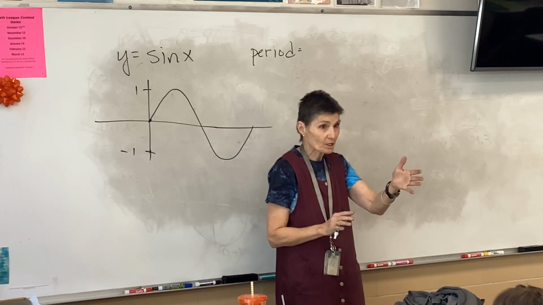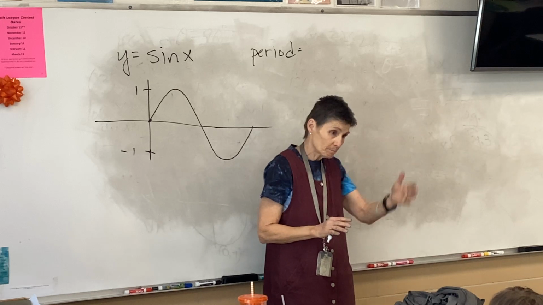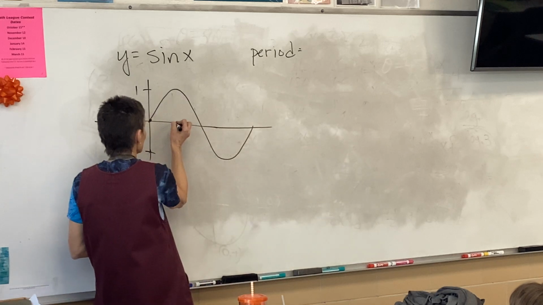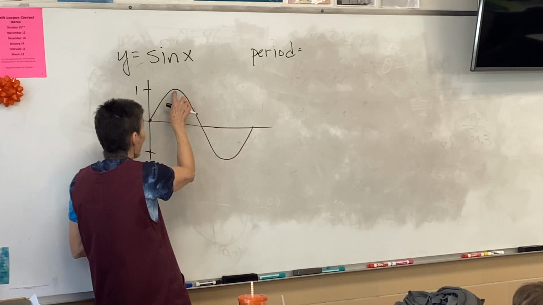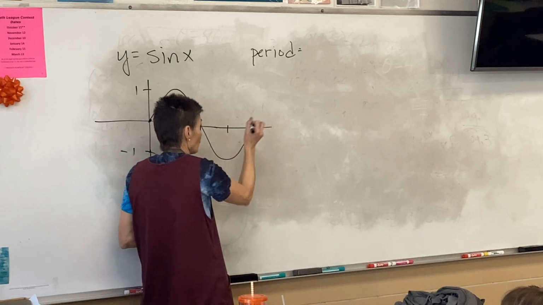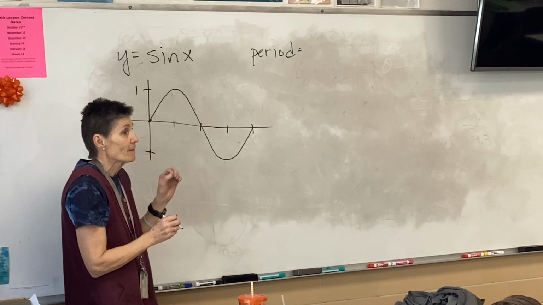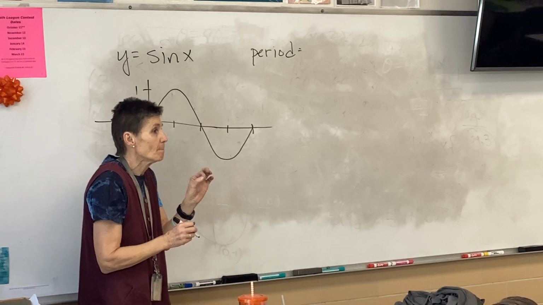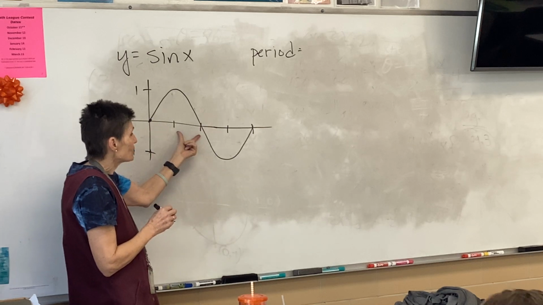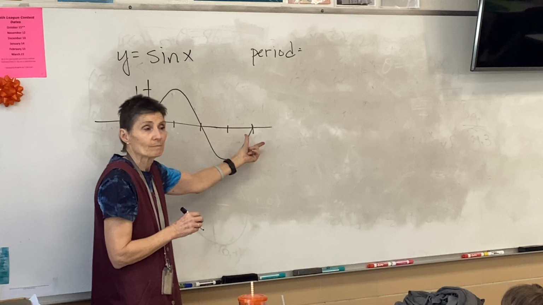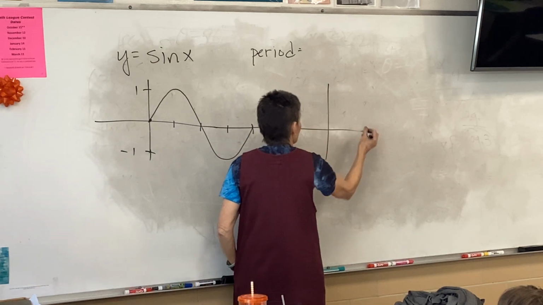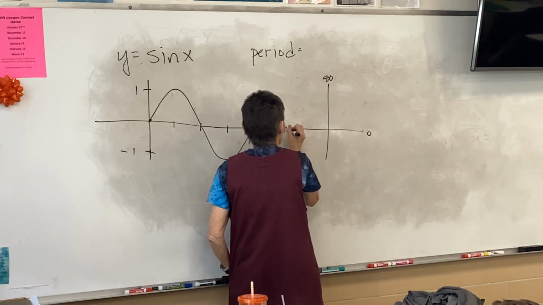It starts at the origin, goes up, comes out. That's what a sine looks like. Now, you need to label the high point, so the peak of the hill, where it crosses, the bottom of the valley, and where it ends. Super simple. There are essentially 4 chunks. The 4 chunks are the 4 quadrants.